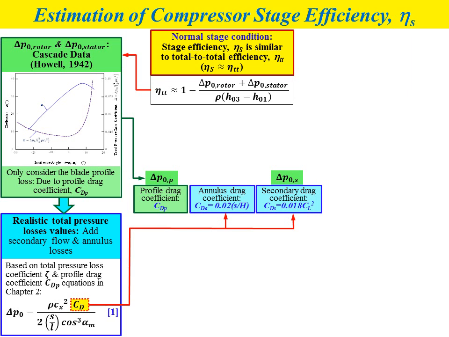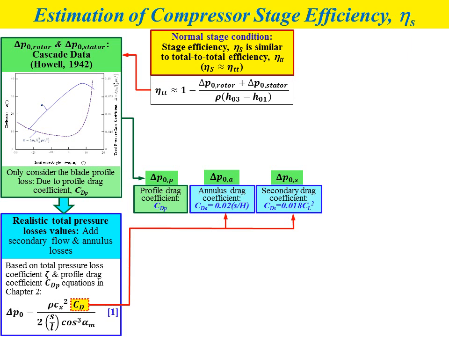So the CDA value we need to substitute into equation number 1. So we will get the total pressure loss delta p naught based on the annulus loss, delta p naught A.